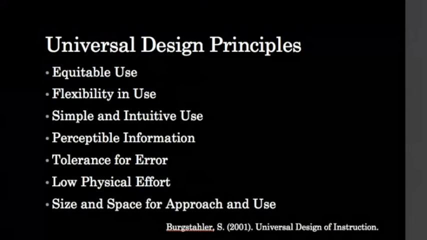Low physical effort, people with mobility or gross or fine motor skills. And size and space for approach and use. And admittedly, I just gave examples that were technological, but obviously, think size and space for approachable use. Think of a wheelchair accessible button to get into a door.